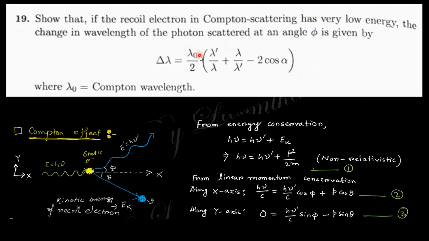This problem was actually solved in the previous video for the problems asked in the S. N. Ghoshal book on quantum mechanics. If you already watched it, you will know. Just equate the energy conservation and the momentum conservation along the x-axis and y-axis, and you can easily find this expression.